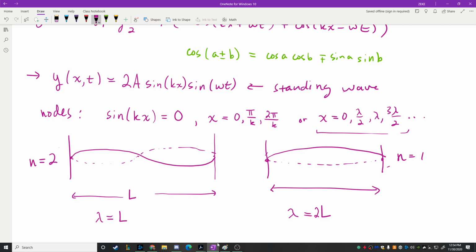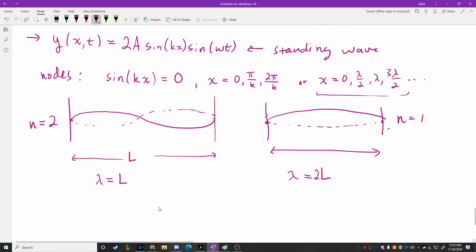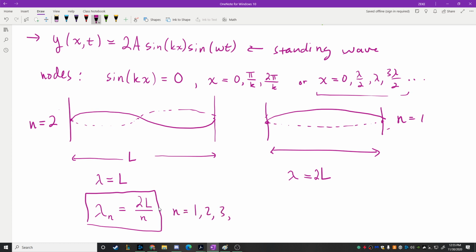So in general, what we can say is that the wavelength is going to be equal to 2 times L divided by n. That's our general expression for the wavelength, where n can only be equal to 1, 2, 3, etc. We call n equal to 1 the fundamental.